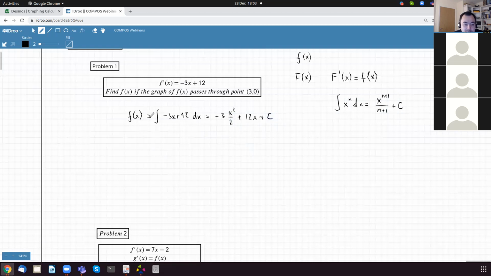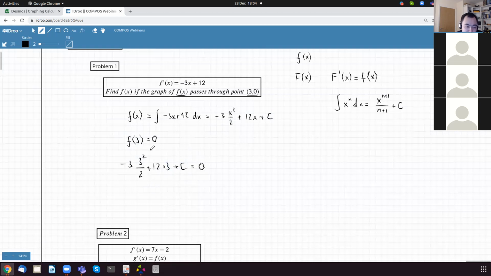Okay. But there's a second piece of information given to us, that the graph of f of x passes through the point (3, 0). That simply means that f of 3 is 0. So let's substitute 3 into the function. It's going to be minus 3 multiplied by 3 squared over 2 plus 12 multiplied by 3 plus c, and this is equal to 0.